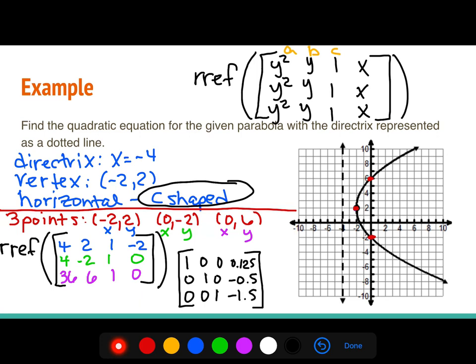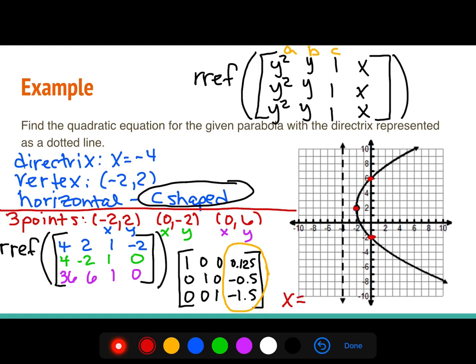What comes out of my calculator when I put him in should be 0.125, -0.5, and -1.5.